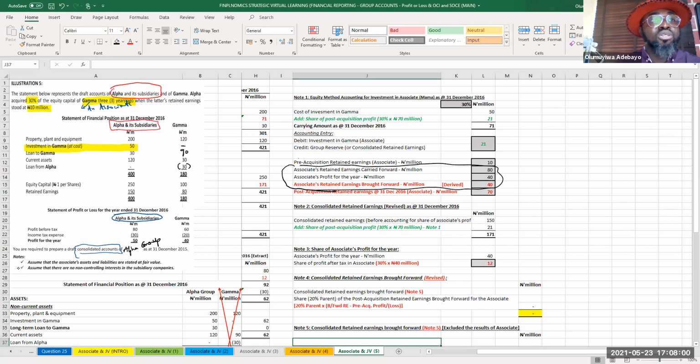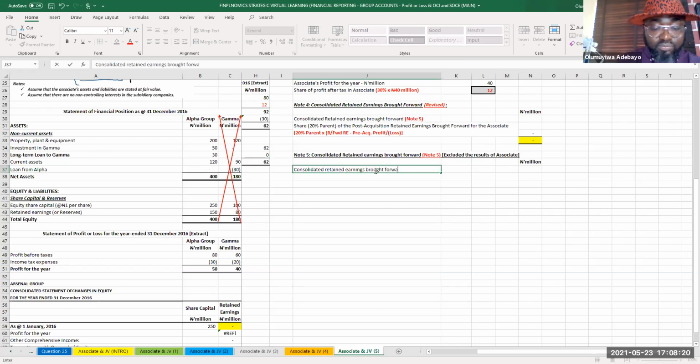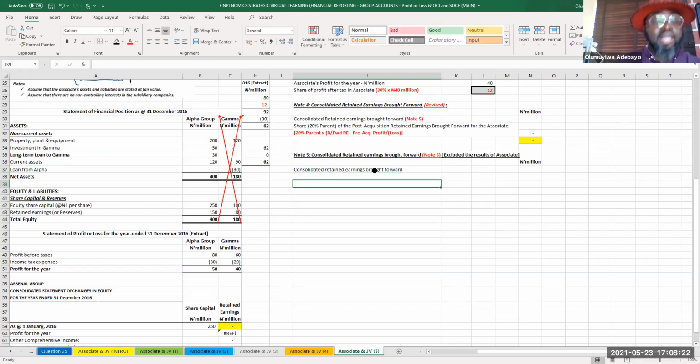Similar thing is what we're going to do, where we'll compare the consolidated in this case to say, my consolidated retained earnings brought forward and my consolidated retained earnings carried forward.